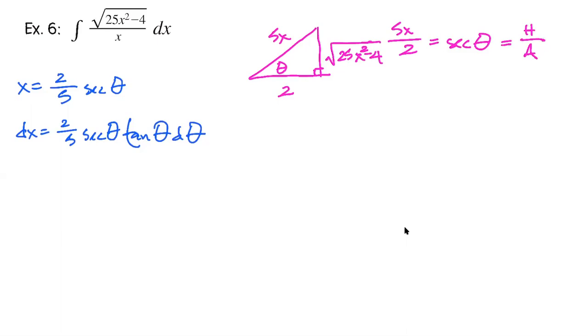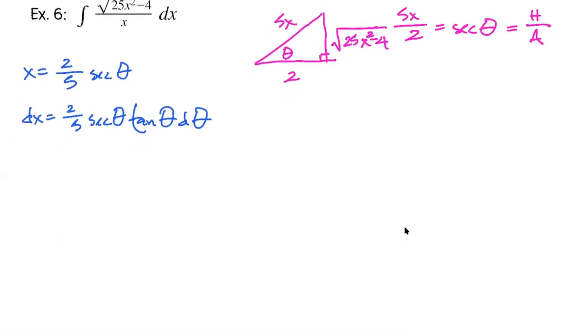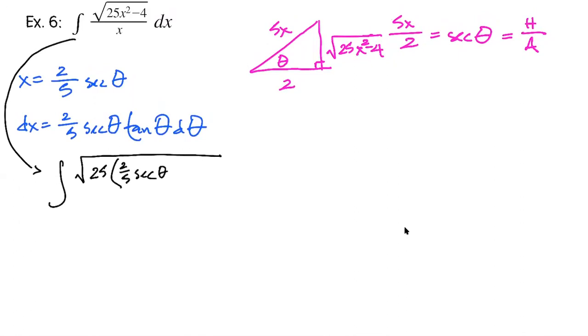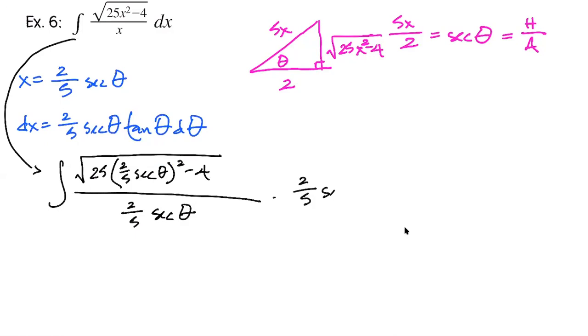All right, so now let's make our substitutions. We just have to be a little bit more careful because we've got some fractions going on here. So this becomes 25 times (2/5 secant theta) squared minus 4, over, I need to put an x here too, times dx, okay.